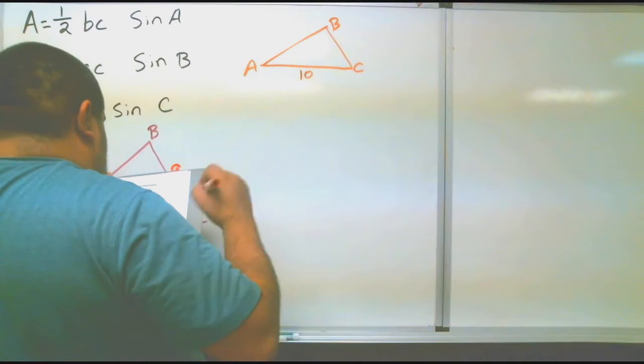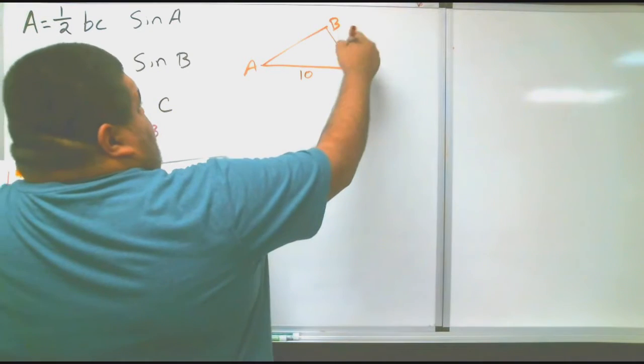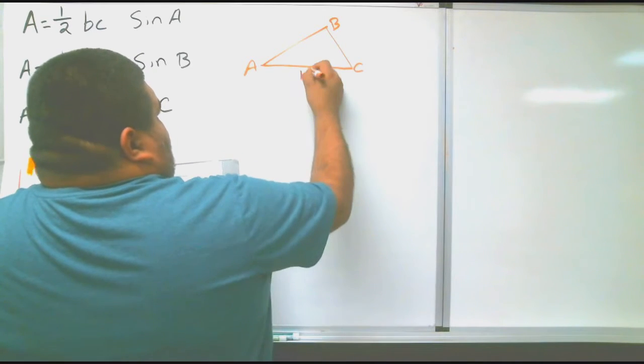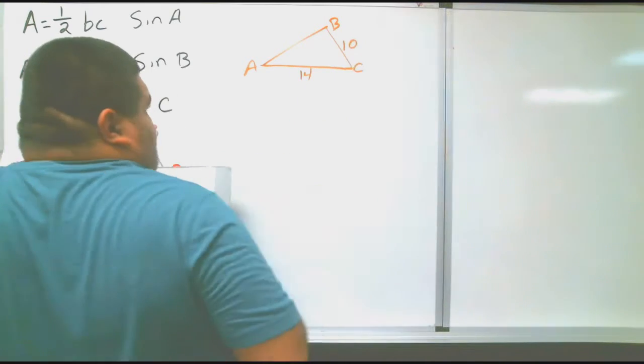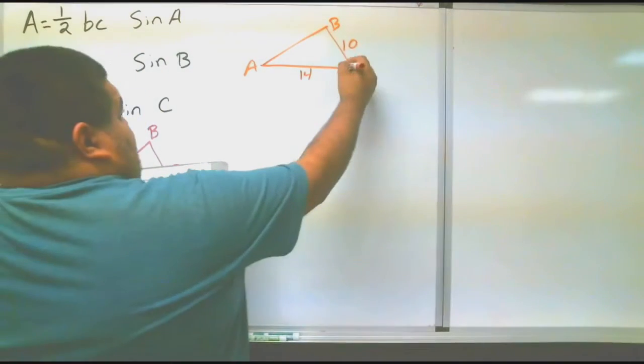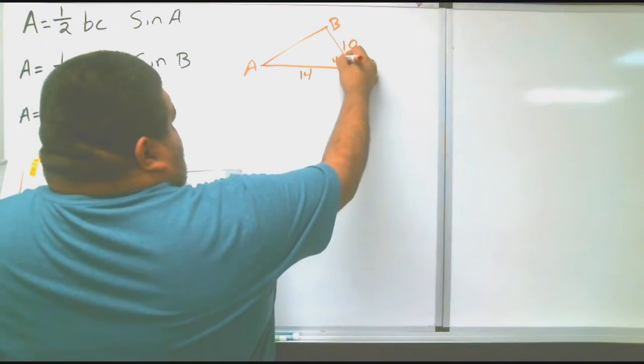It also says that across from A is little a, that is, sorry, it's not 10, it's 14. And then this is 10. It also tells us that angle C is 40 degrees.